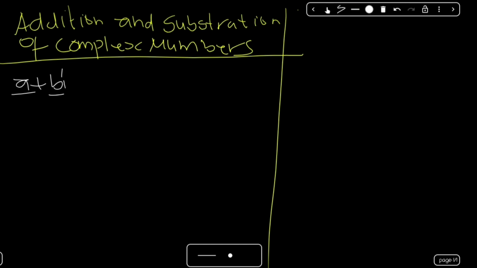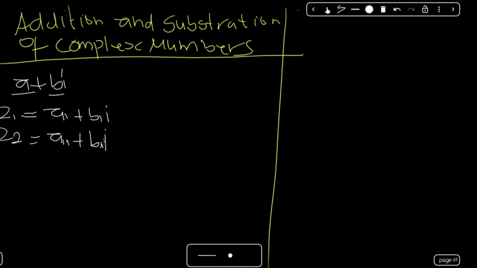What do I mean? Let's say you are given complex numbers z1 equals a1 plus b1 i, and z2 equals a2 plus b2 i.